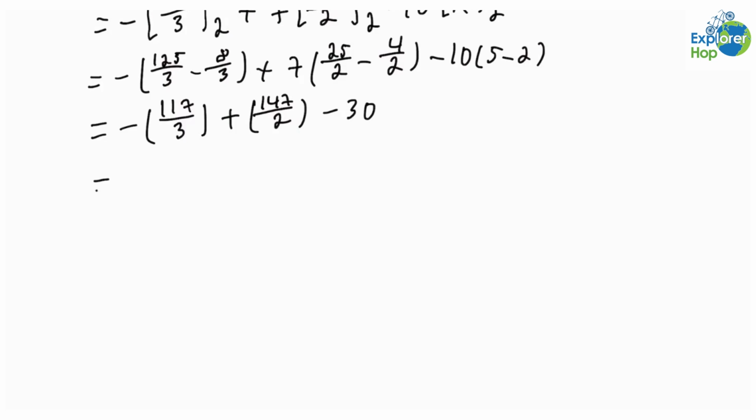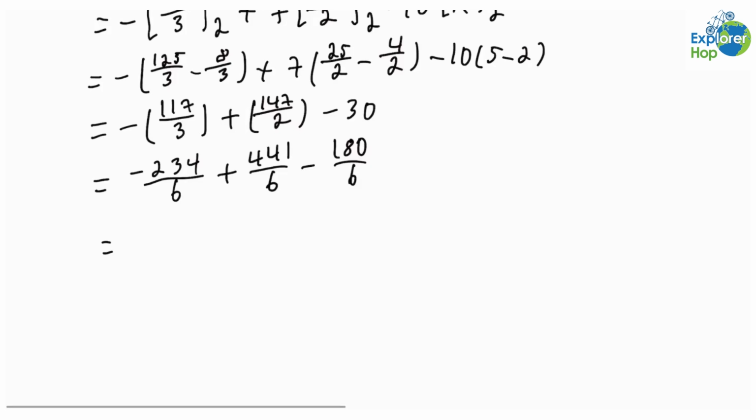And this is equal to negative 234 over 6 plus 441 over 6 minus 180 over 6, which is equal to 27 over 6, which is equal to 9 over 2.